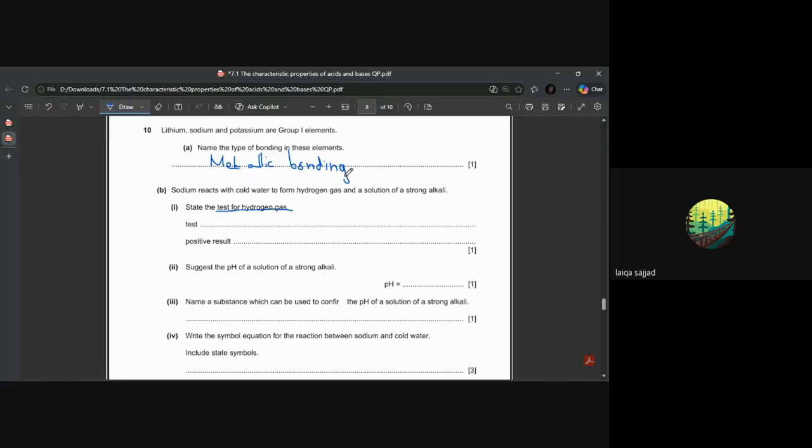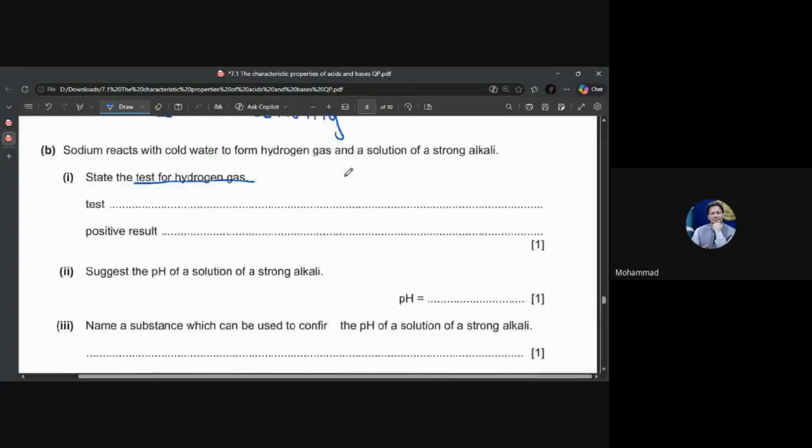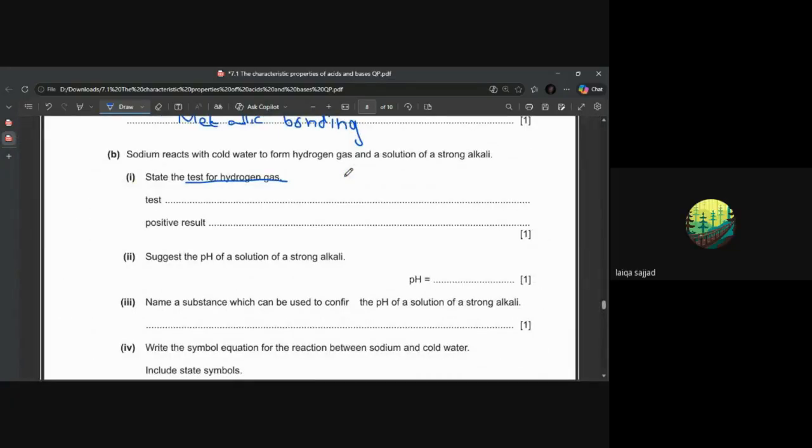Positive result means how will you conclude that yes, hydrogen gas was produced? It would be a pop sound. And this is simply a lighted splint.